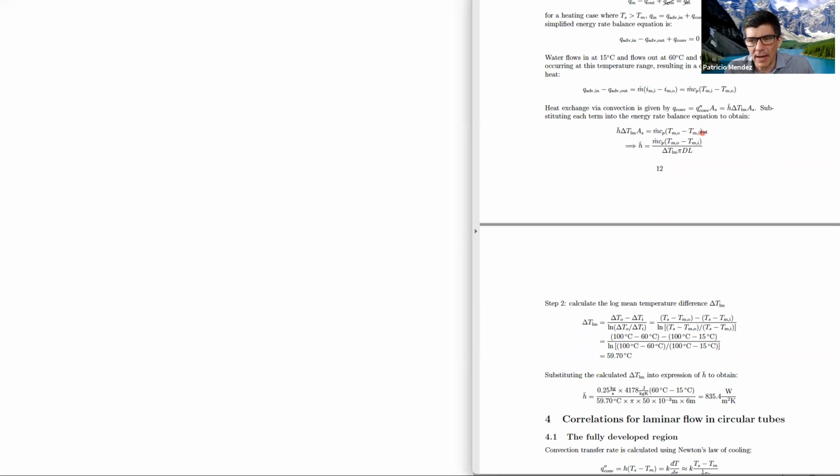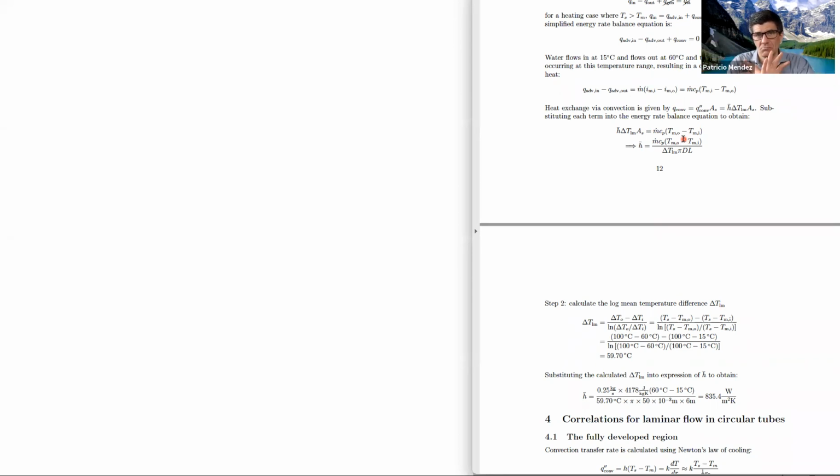From this balance, we can solve for the convection coefficient. That is mass flow times specific heat times temperature difference. For the advection, we don't need to do log mean. For the advection, the water comes at one temperature, goes out at another temperature.